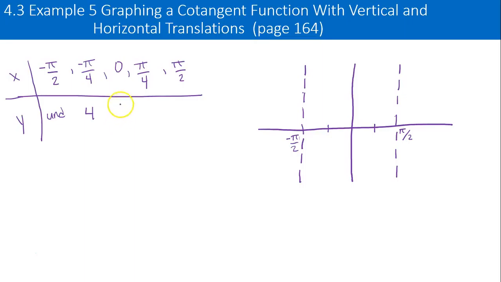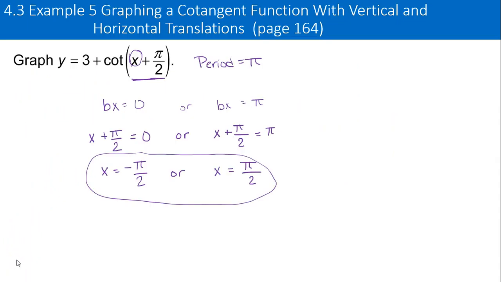And then 0 gives us 3. And then this gives us 2. And then we're back at undefined. Okay, these numbers are different than the ones that we have plotted before. And that's because of our vertical shift.